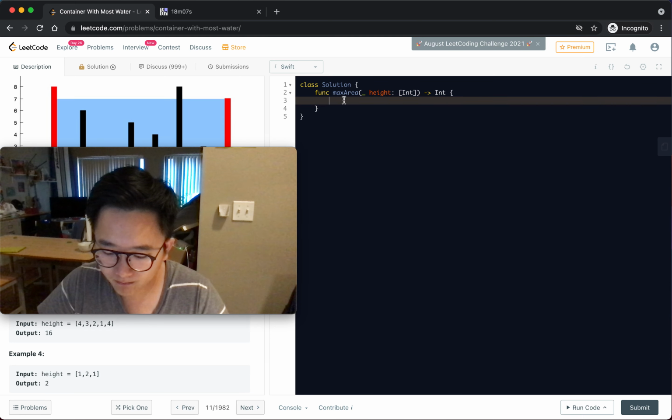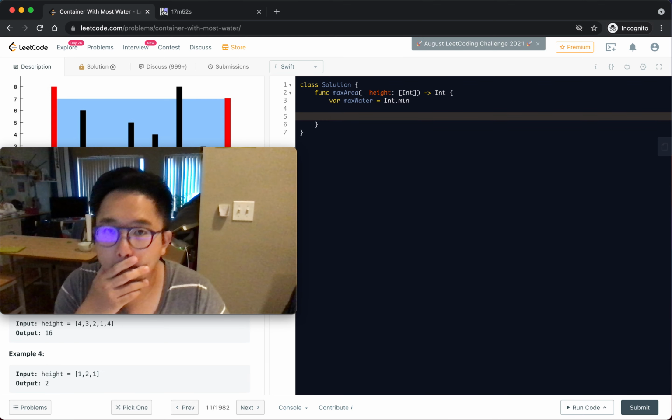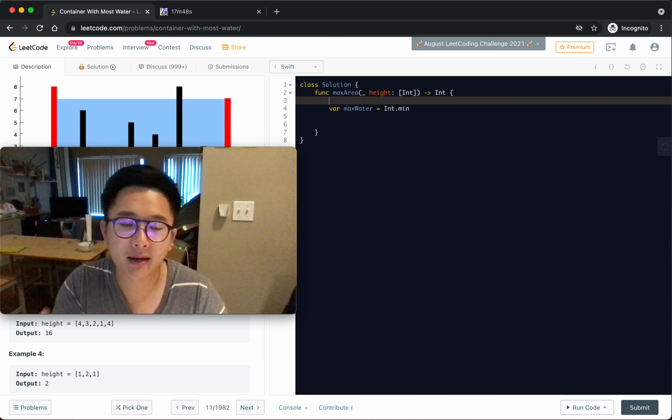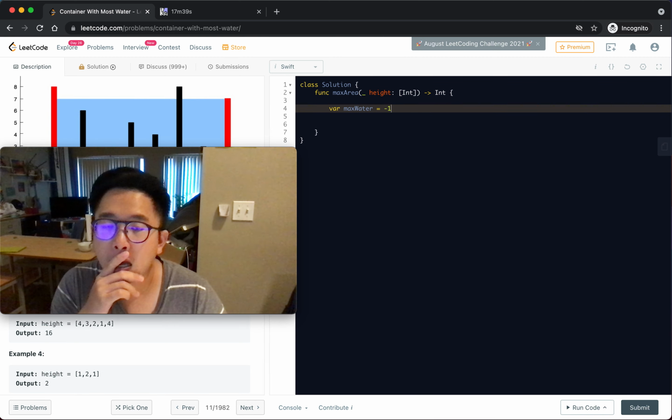Okay, so let's first of all let max water be equal to Int.min, because we want to get the minimum number so that we can compare it. Or actually, we can do -1 because the water is not going to be negative, right?